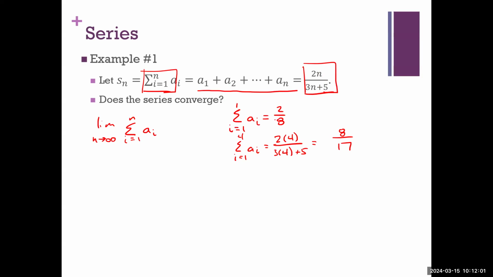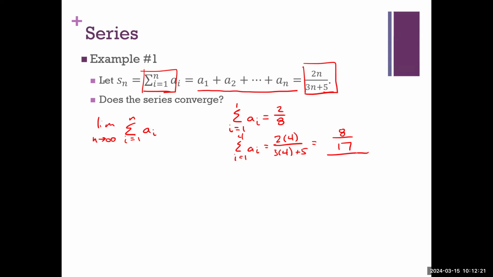I think I did a couple of examples last time. The first term is going to be 2 over 8. And let's be really clear about this. This 8 over 17 that I found, what is that? Is that a term in the sequence?